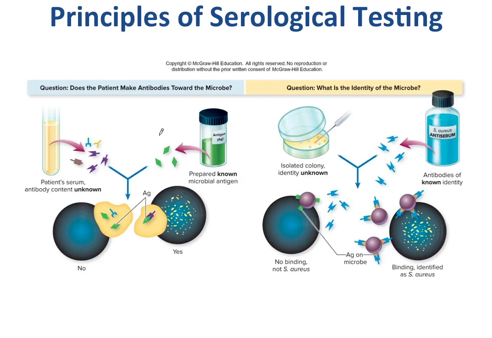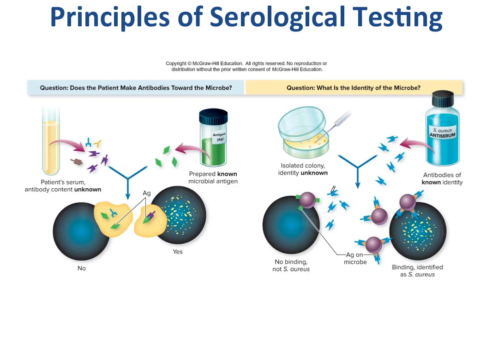We can also use this method to identify the microbe. We can use the antibody of a known microorganism to detect the unknown colony of the microorganism.